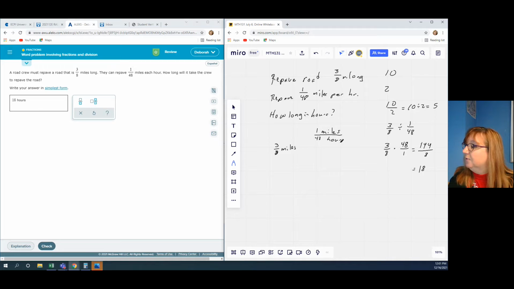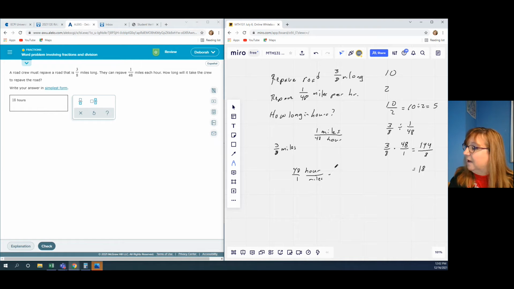Another way we can do this is we want to end up with hours in the numerator of my final answer. So I can rewrite this as 48/1, which is now hours over miles.